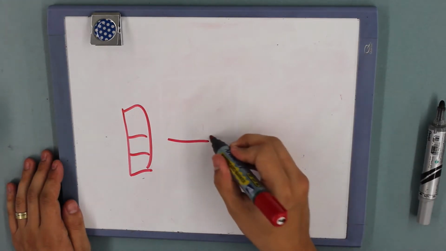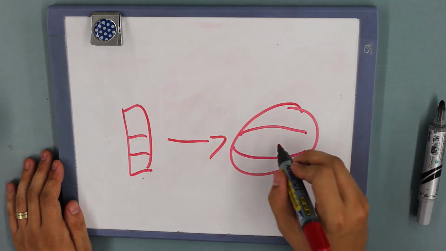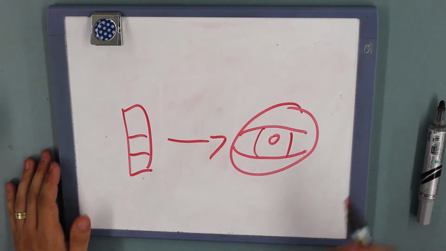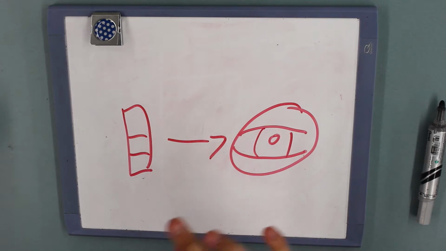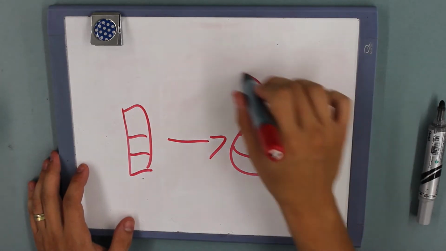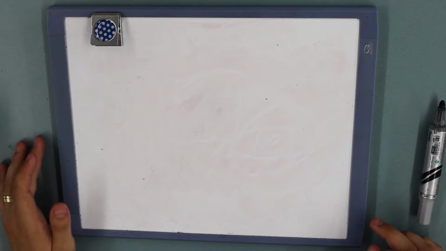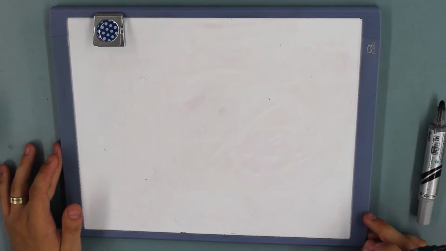Now met originally would have appeared as this. Over the vast amount of time between ancient China and modern day Japan, it has turned into a more sophisticated, clearer symbol, being met.